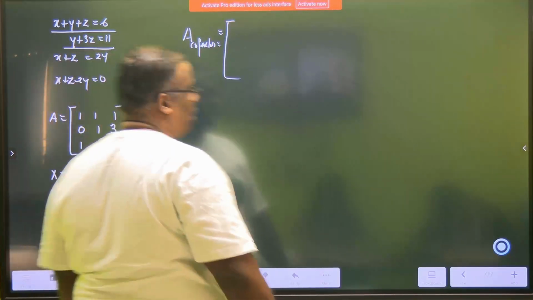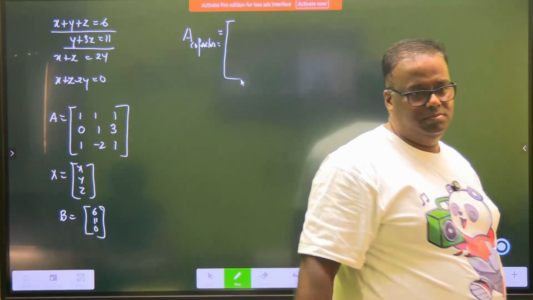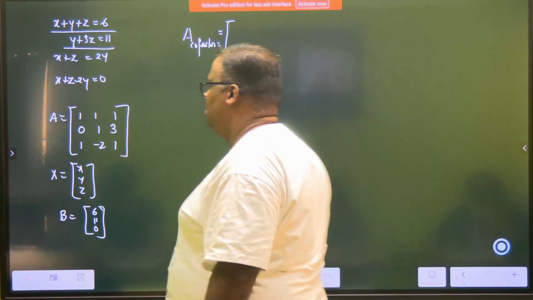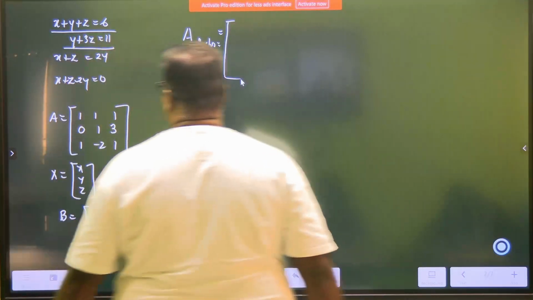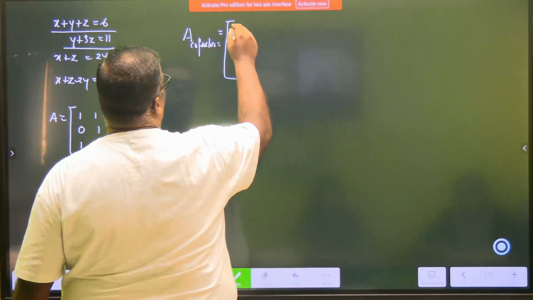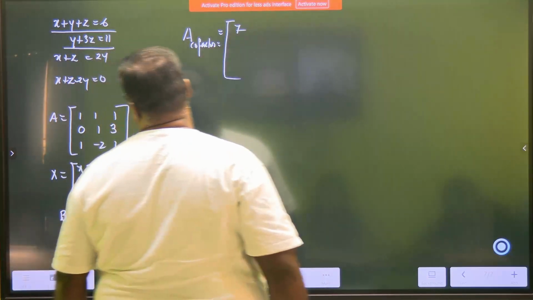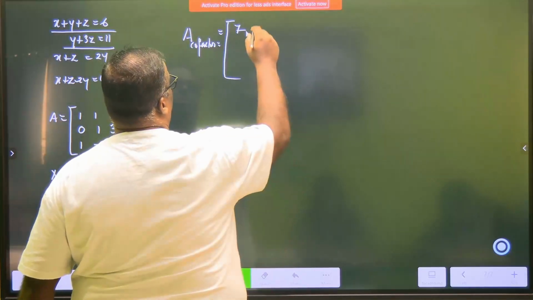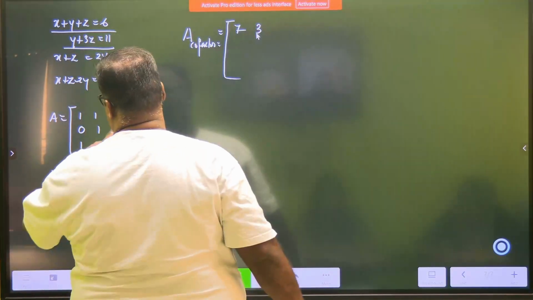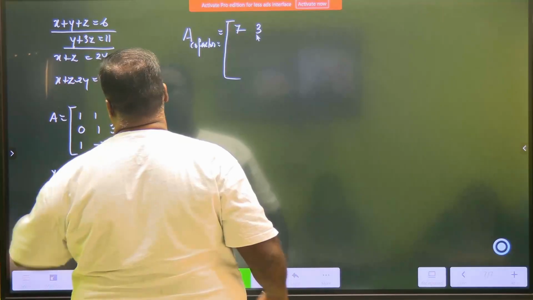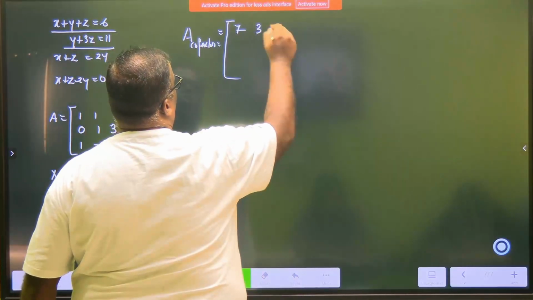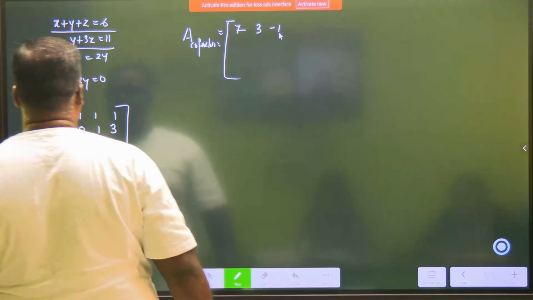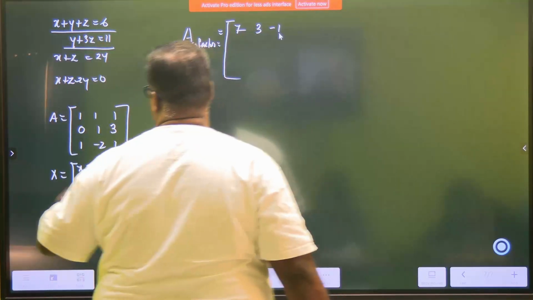Are you ready to take A cofactor in one shot? 1 ones are 1, 1 plus 6, 7. It will become 3, not minus 3. 1, 0.